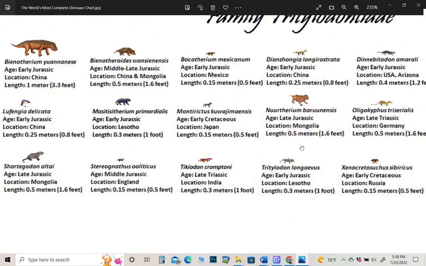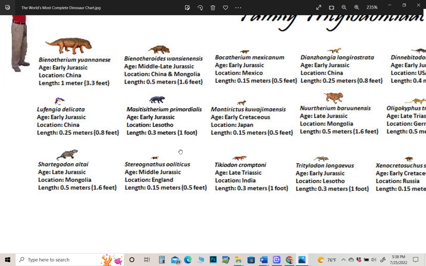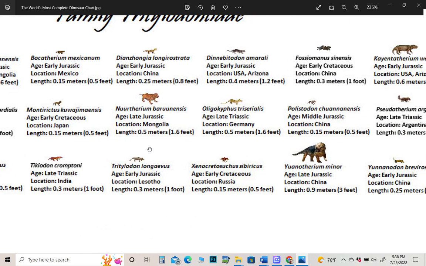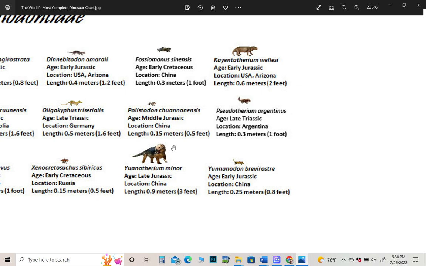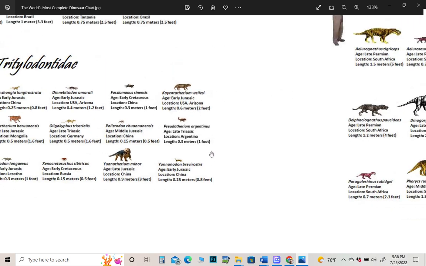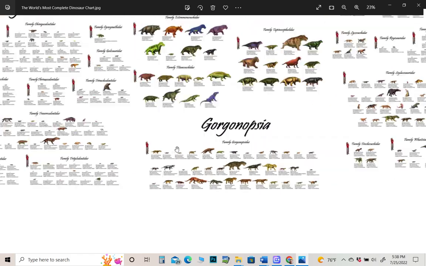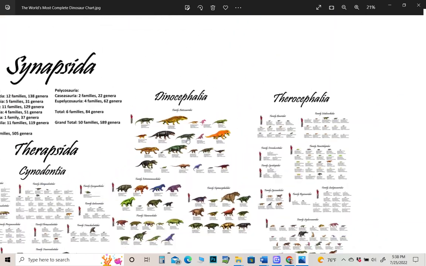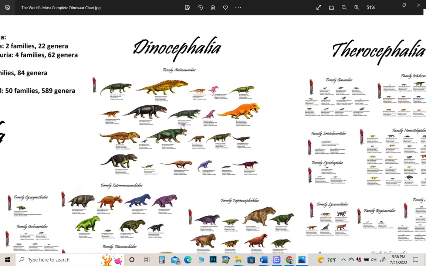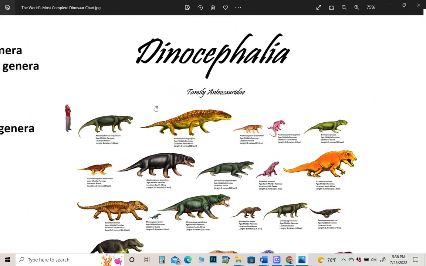Pseudotherium. Shorticodon, Stereognathus, Tychiodon, Tritylodon, Xenocretasuchus, Ionotherium, Eunanodon. And now we have the Dinocephalians, which include a lot of the large therapsids.